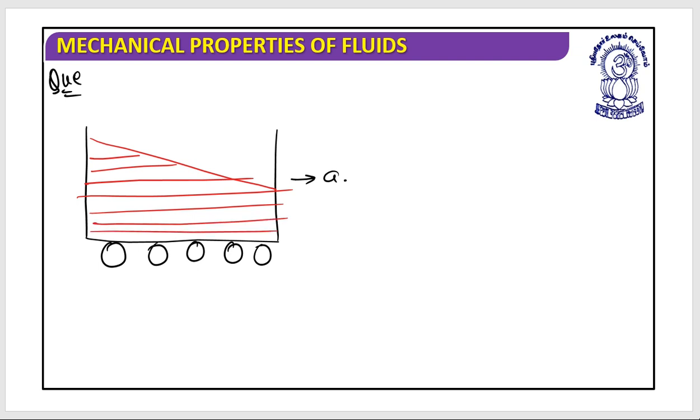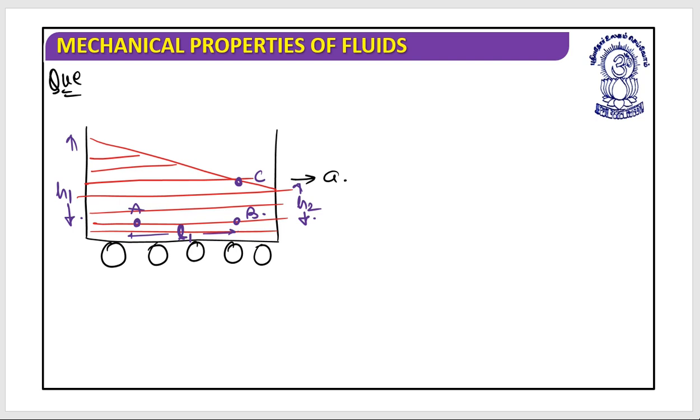Now, let's suppose this is point A, this is point B, and this is point C. This is, let's call it L, or I should say L1. This is what we call H2, because this is H1.